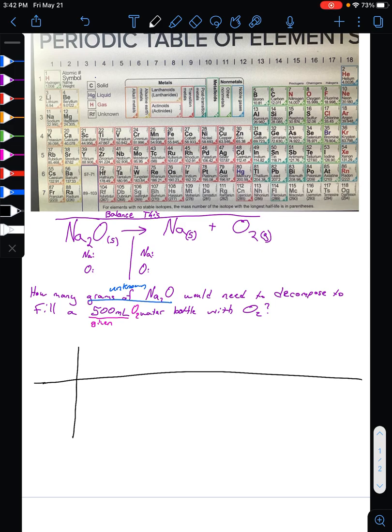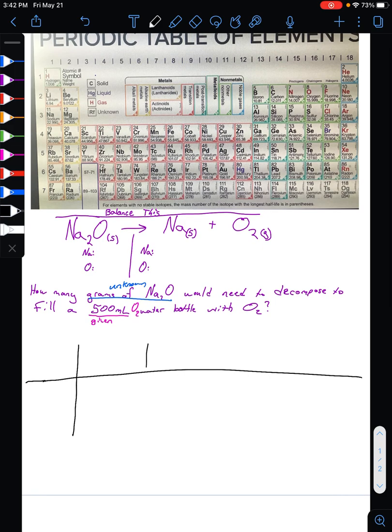Far side, always your given. And then one conversion factor, two conversion factors, three conversion factors. That's too many conversion factors. Delete that.